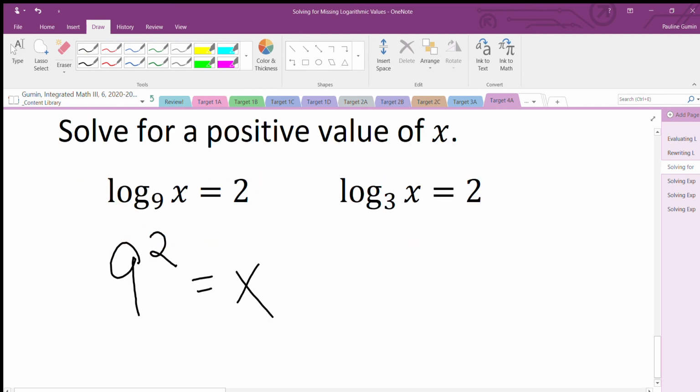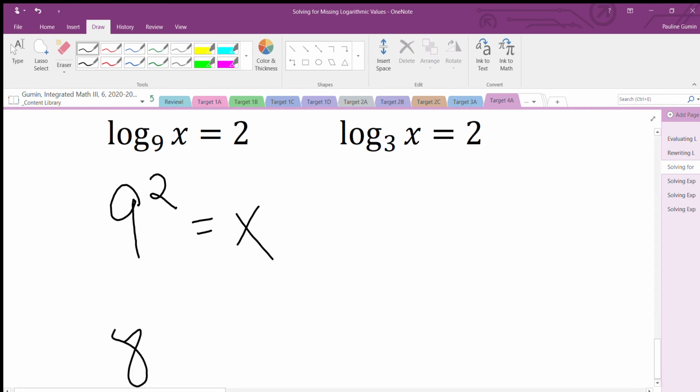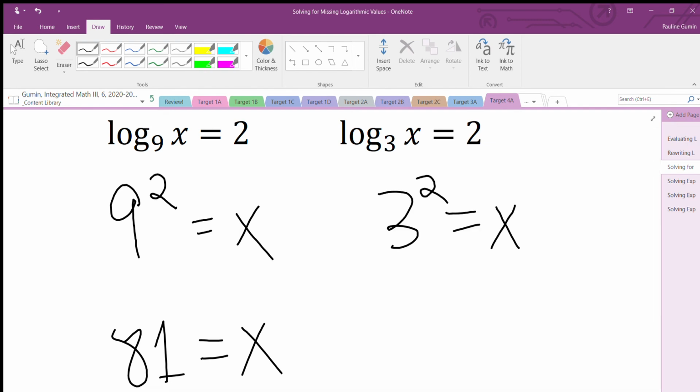Well, that's easy. 81. Okay, all right, let's try this one. 3 to the power of 2 equals x. Winning here, very easy. 3 squared equals 9. 9 equals x.